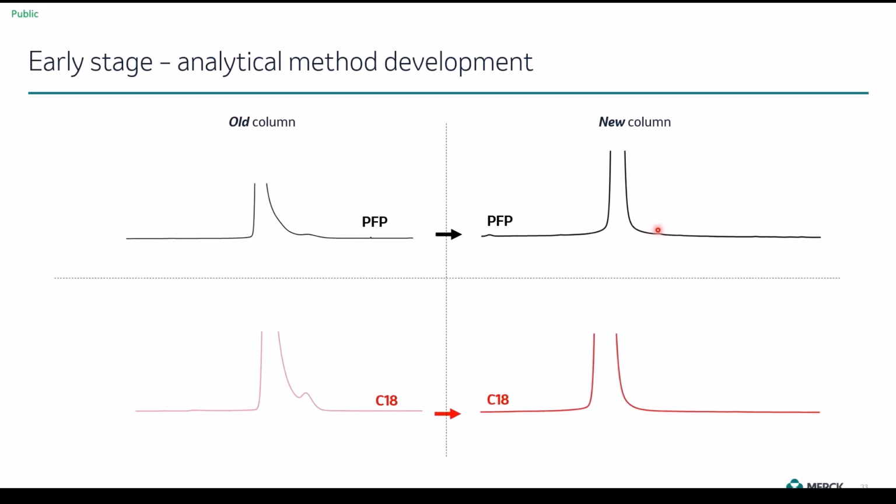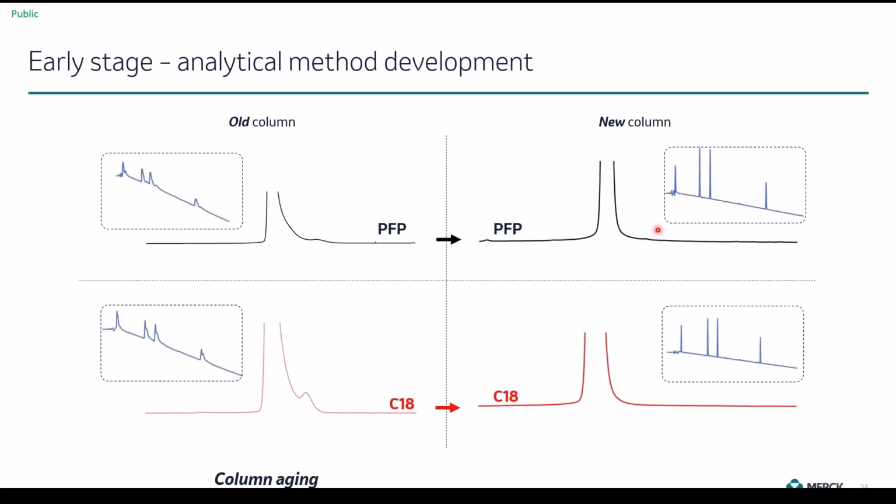Now, this was due to the column aging phenomenon. As we can see, in the full chromatogram, the new columns gave us sharp peaks, but the old columns gave us the rise of peaks with tailing, and we have therefore also the phenomenon of peak shouldering. Therefore, we're actually getting bad results because of the poor performance of the column.